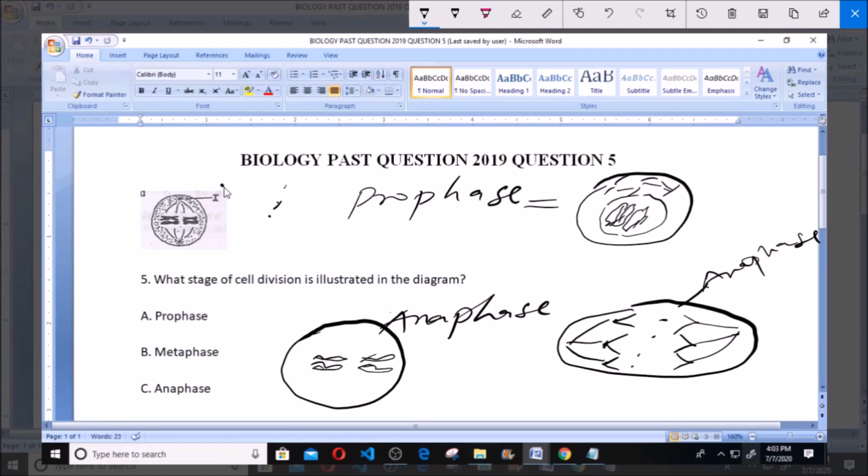In case you are unaware, the equator is just like saying the center. This point is the equator. In every metaphase stage, the chromosomes are aligned at the equator. They are at the verge of splitting. That is why they are aligned here. So you have something like this.